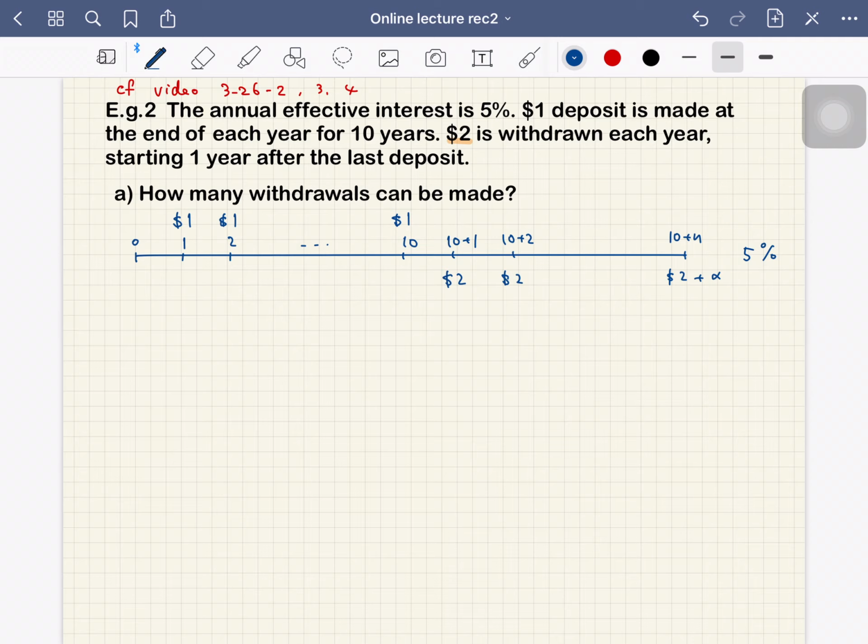So at first, we want to calculate the accumulated value of this 10 times $1 at time 10. So new time diagram starts at 10.